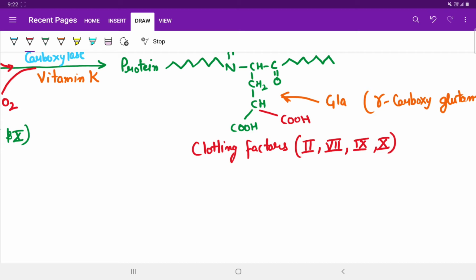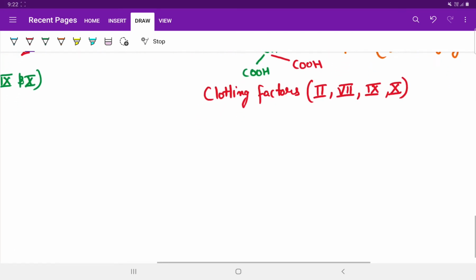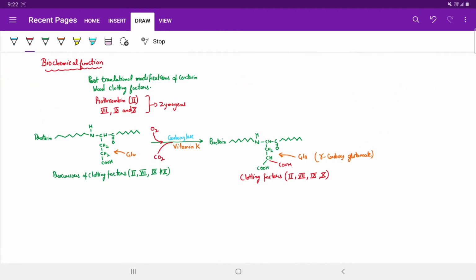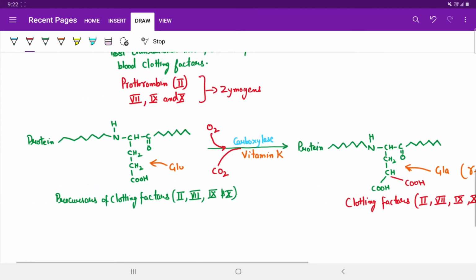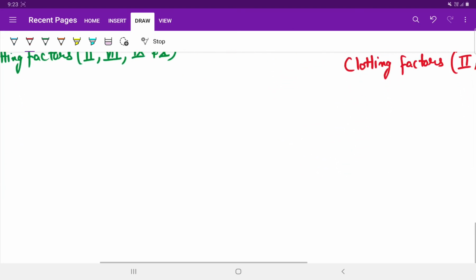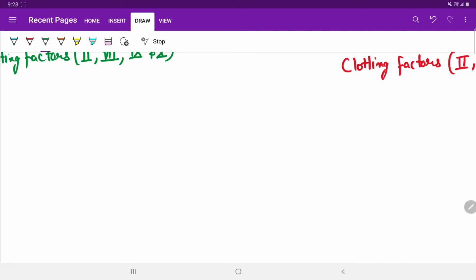So now let us summarize how vitamin K cycles in the carboxylation reaction. In order to simplify this given reaction, we can draw that the glutamic acid residues or the zymogens of clotting factors 2, 7, 9 and 10 are converted into gamma carboxy glutamate residues, that I am writing in red color.